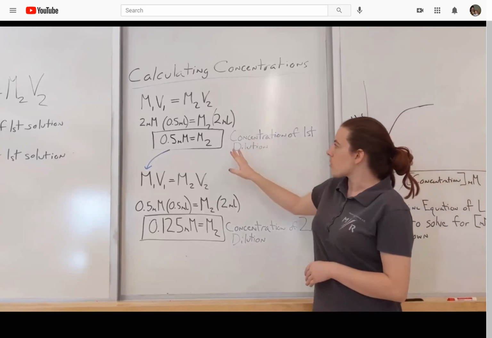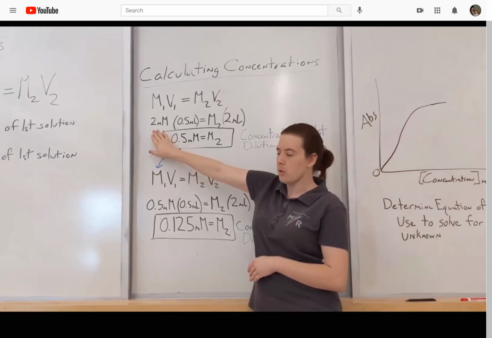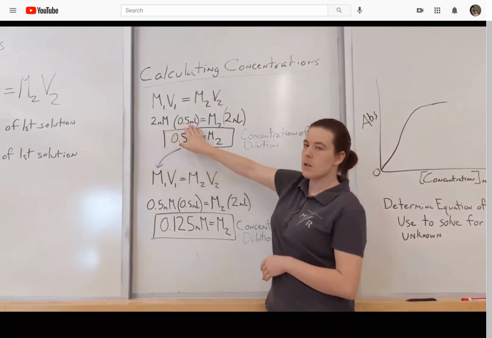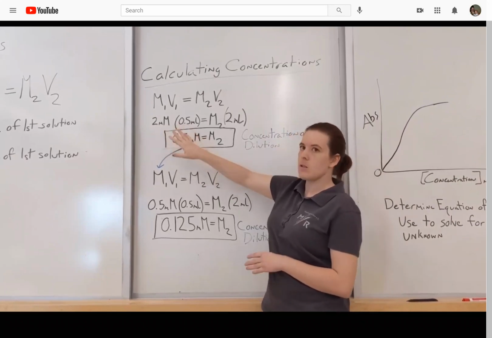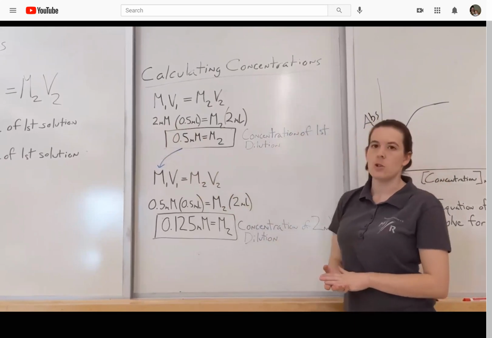You will start with your starting concentration of your standard, which is 2 millimolar. If you're using millimolar, you need to use milliliters. If you're using molar, you would use liters. So that's interchangeable when you're doing these calculations. Just make sure you don't mix and match.